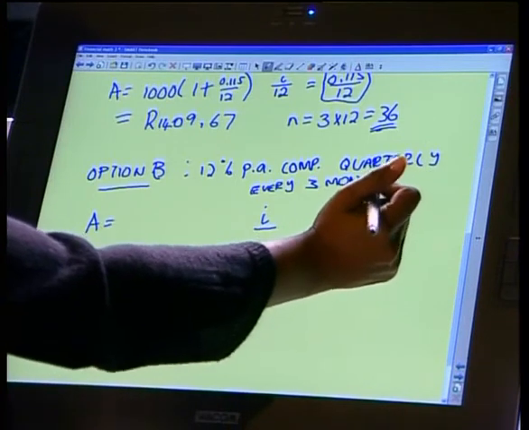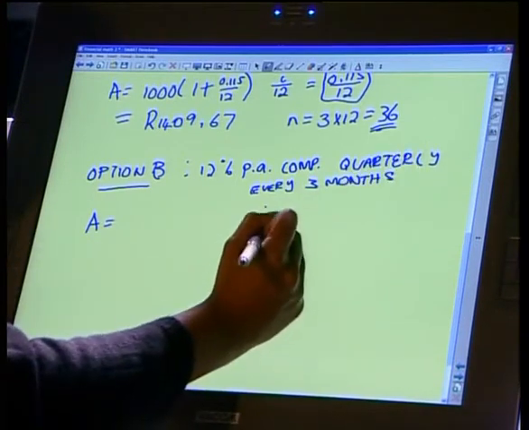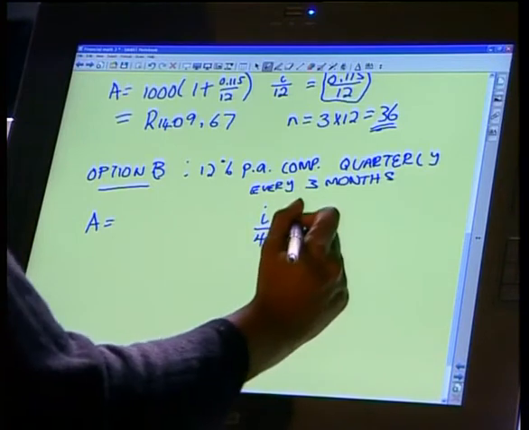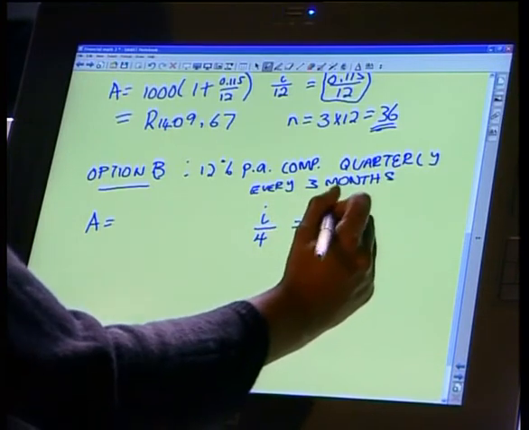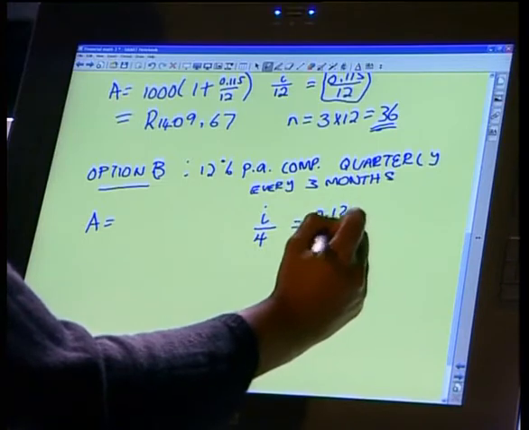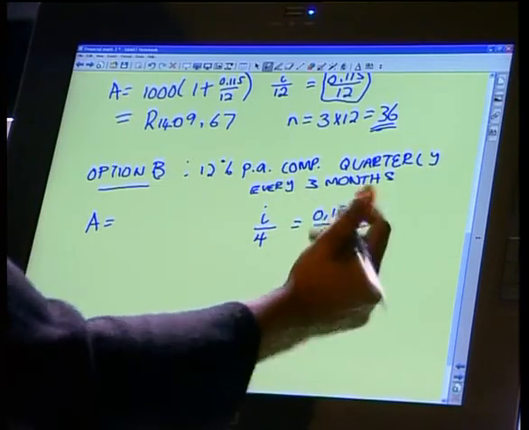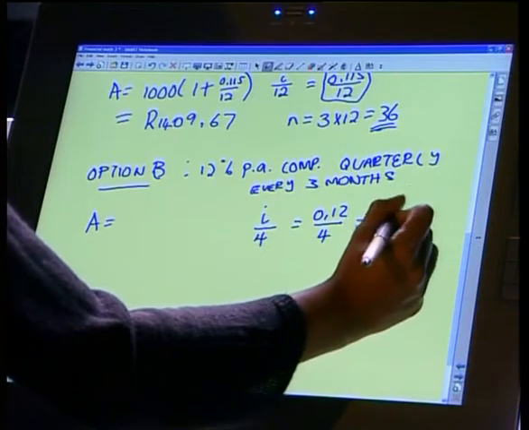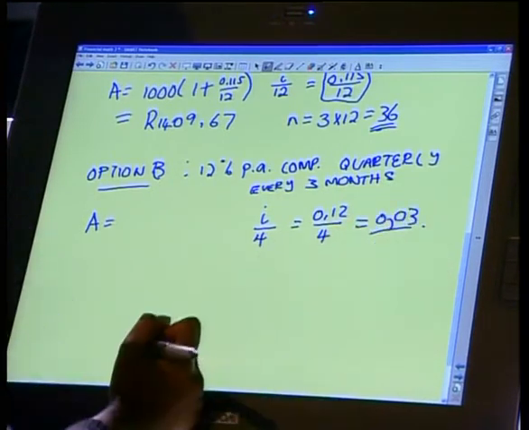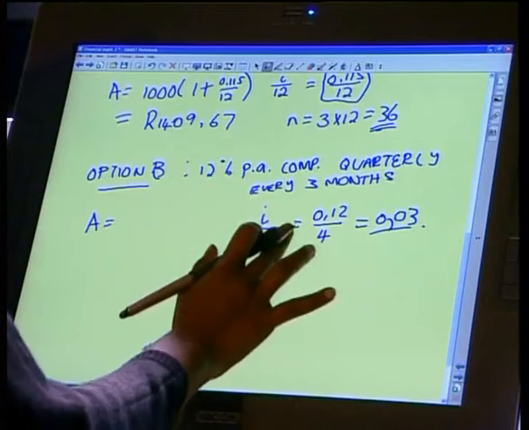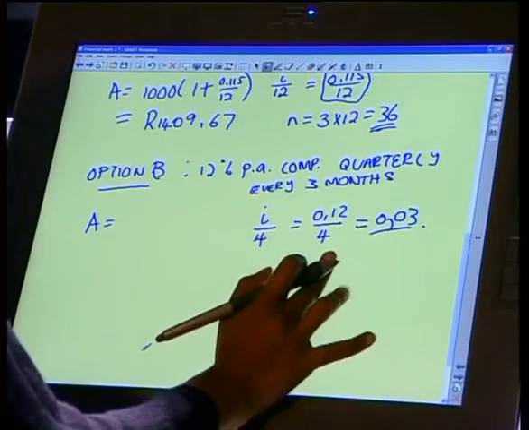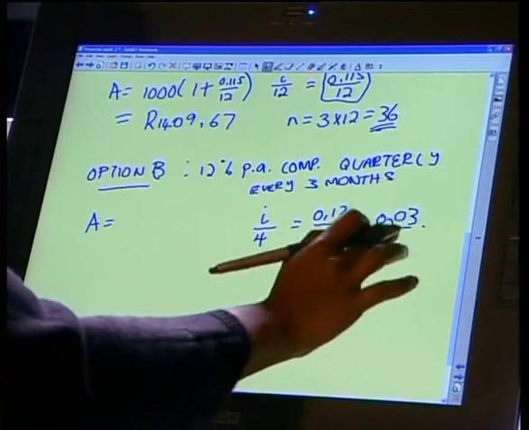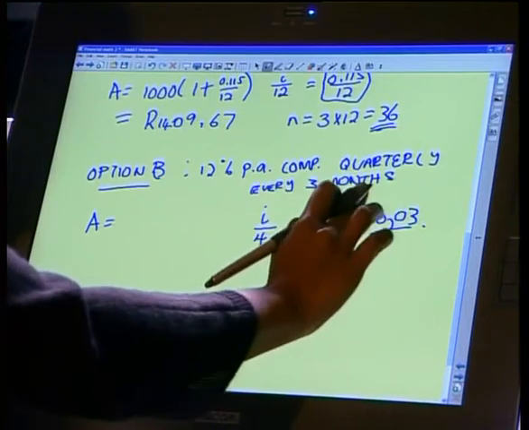So in 1 year, we are going to have 4 compoundings. So we take the interest rate, which is 0.12, divided by 4. You can leave it in that form, or you can say, well, 12% divided by 4 is 3, and you can use it in that form. That will give us the interest rate that we are going to get every 3 months.